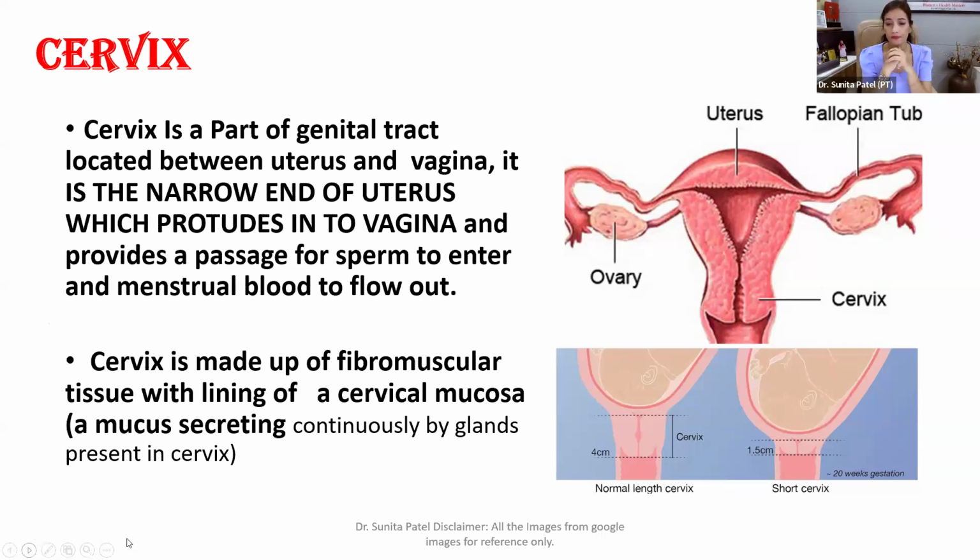It has mucus. The cervix should have a good length, approximately 3.5 to 4.5 centimeters. If the cervix is smaller than 3.5, we say the cervix size is small.